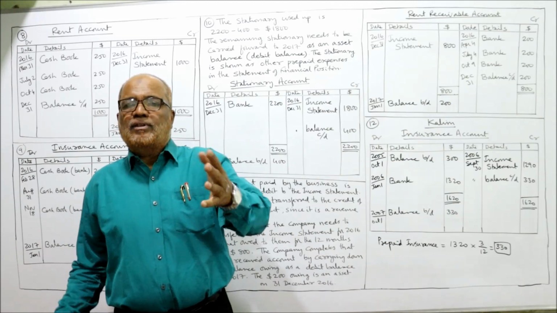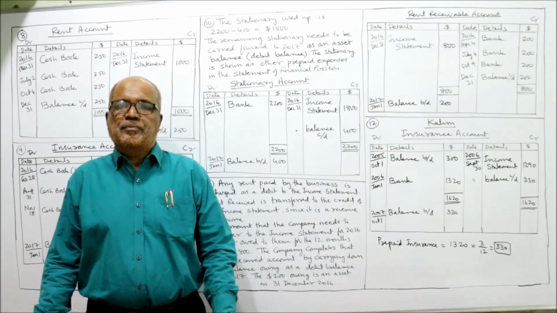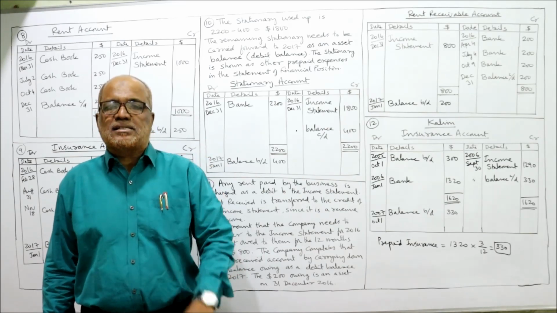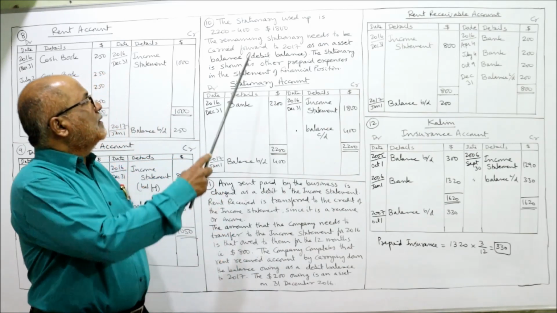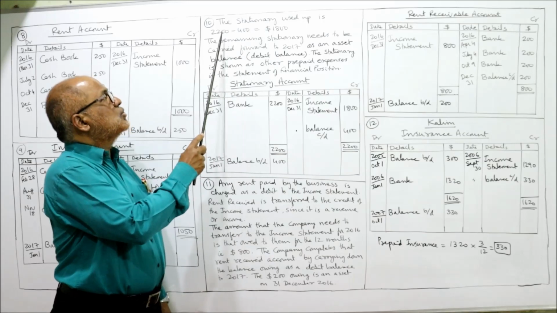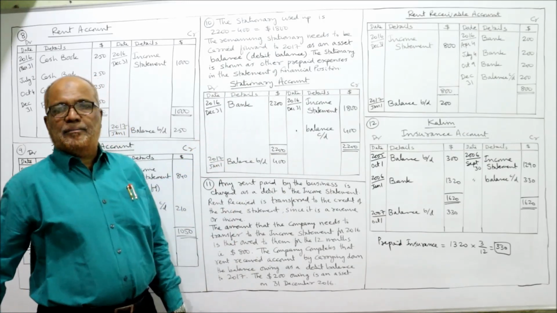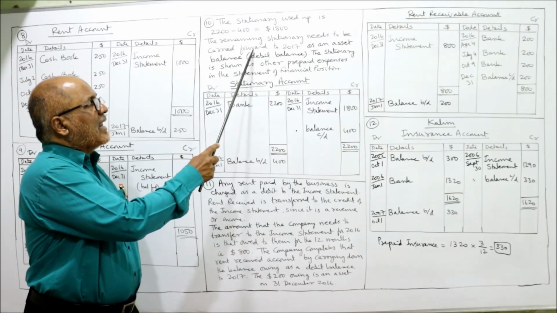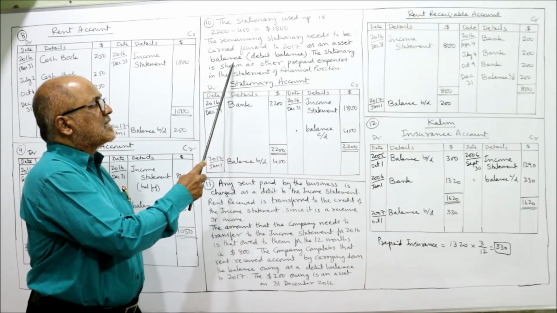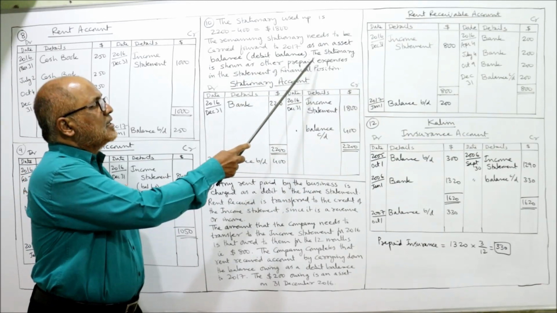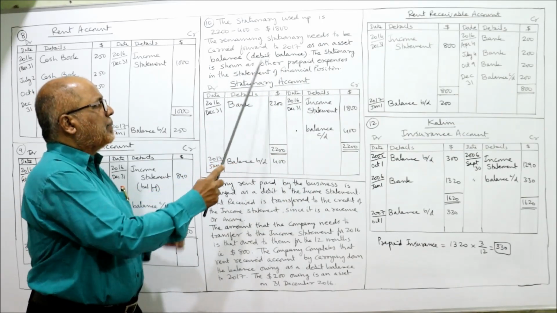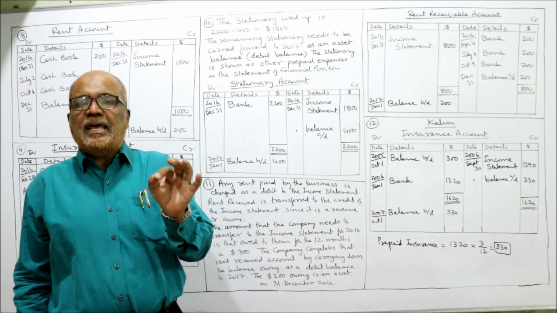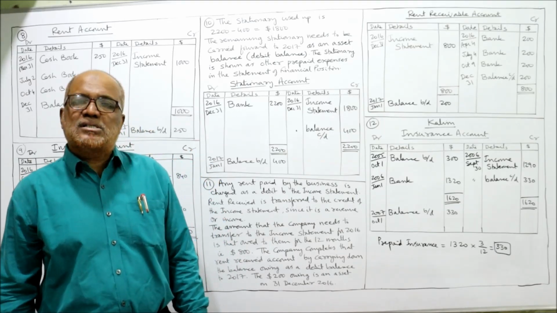And the $400 of stock which is not used will be carried over to the next year. It will be taken under assets, right? The stationery used up is 2,200 minus $400, $1,800. The remaining stationery needs to be carried forward to 2017 as an asset, a debit balance. The stationery is shown as other prepaid expense in the statement of financial position. This is the explanation of that point.